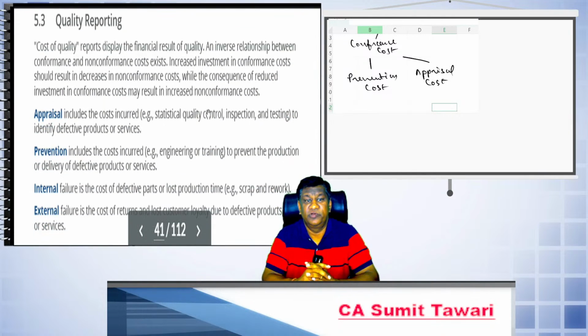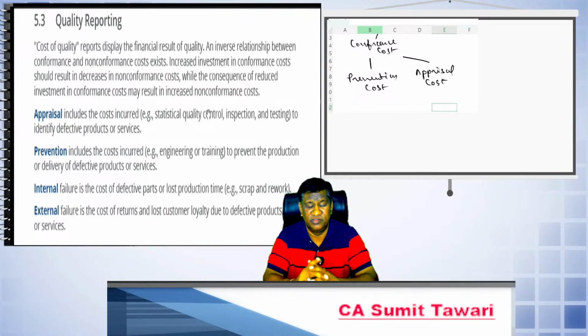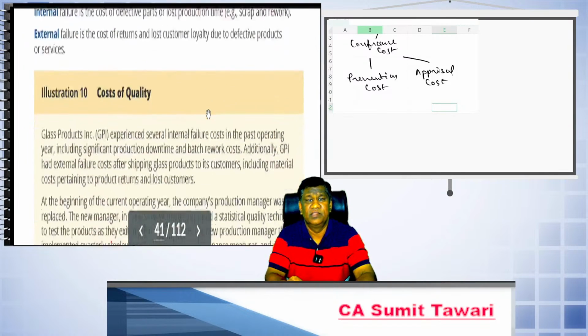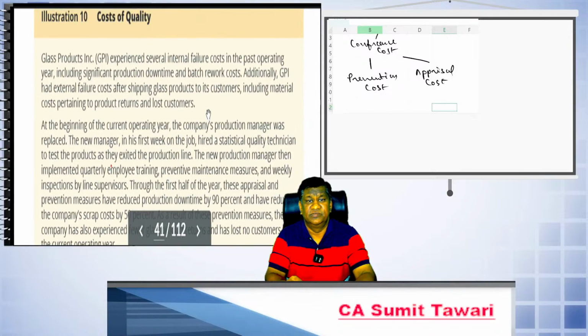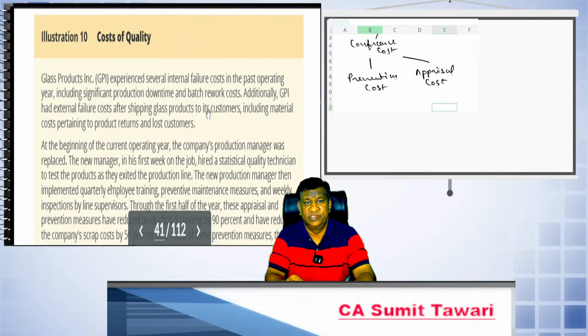So quality reporting, as I said, means you need to bifurcate the cost into appraisal, prevention, internal and external. You may get a question on this topic in the examination. Now we need to see this example, cost of quality.